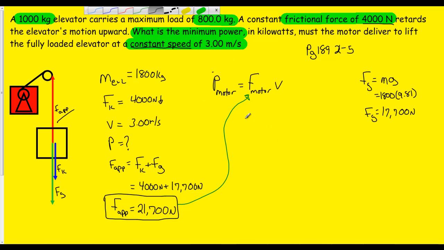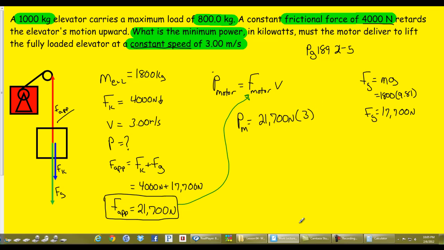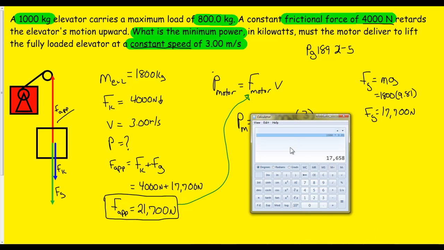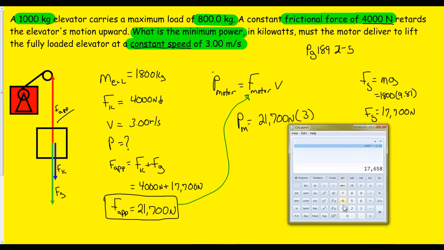And so let's see here. The power of the motor equals 21,700 newtons times our velocity, which is 3. Pull up my calculator again. 21,700 times our velocity, which is 3.